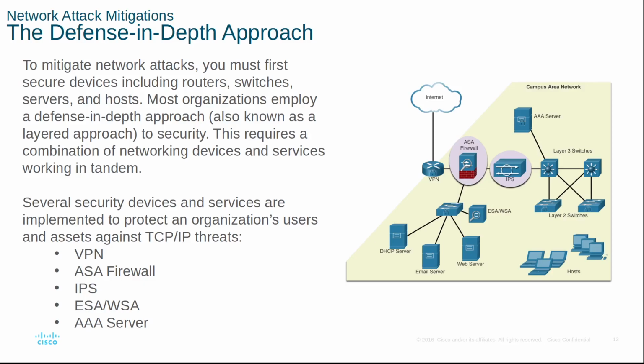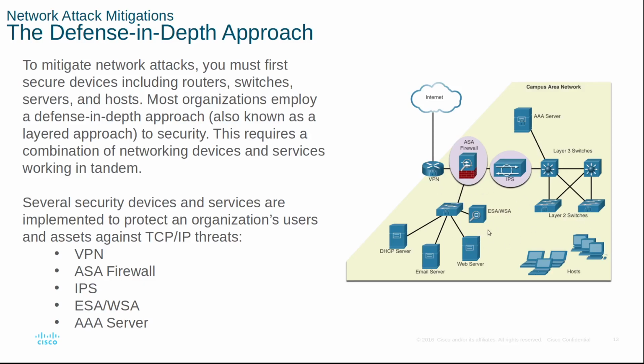So you could have VPNs for remote access. You could have hardware firewall appliances, which would be in between the internet and the rest of your network. You could have intrusion prevention or intrusion detection systems. You could have email security and web security appliances.